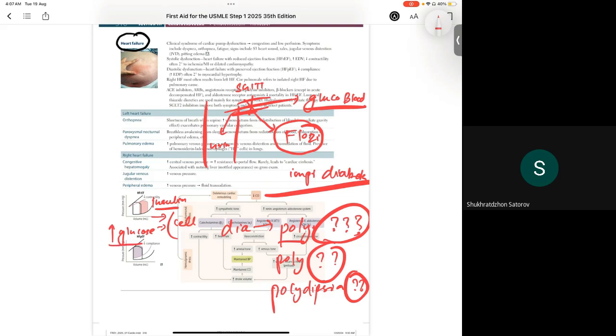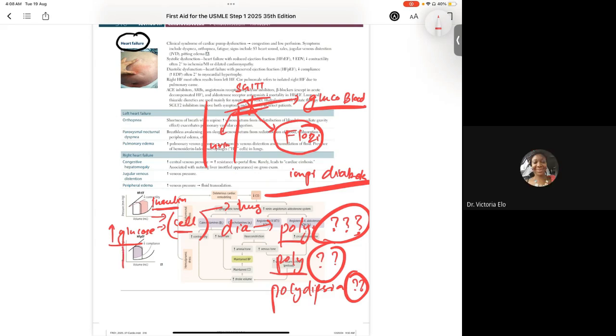So even though glucose is more, the cells are hungry because glucose cannot enter into the cell. Cells need glucose. We have a lot of glucose, but we do not have someone to push that glucose into the cells. So as the cells are hungry, the individual is going to be hungry, right? It's going to lead to polyphagia. He's going to eat a lot. Does that make sense?